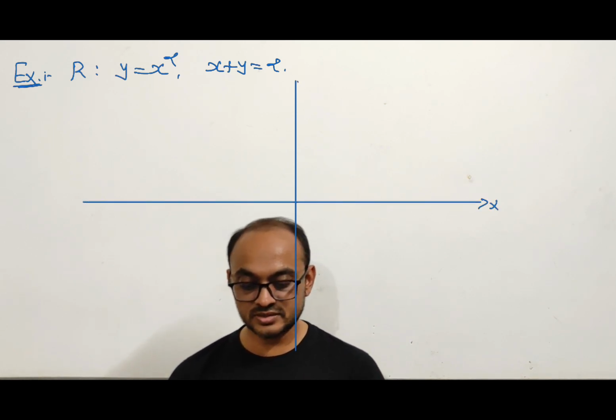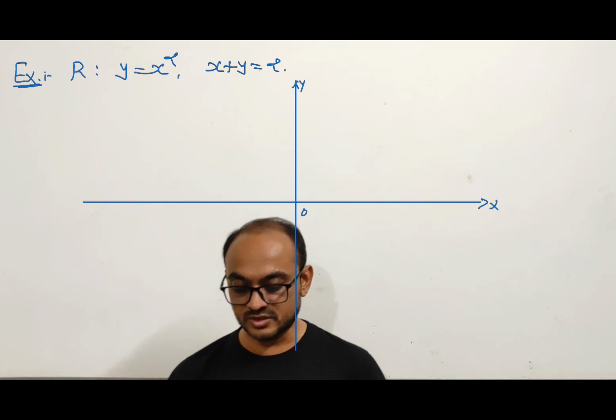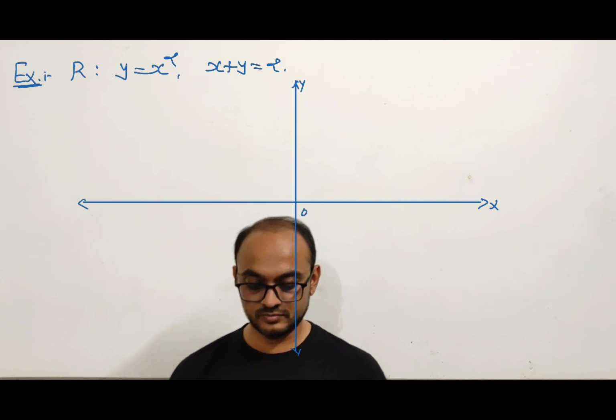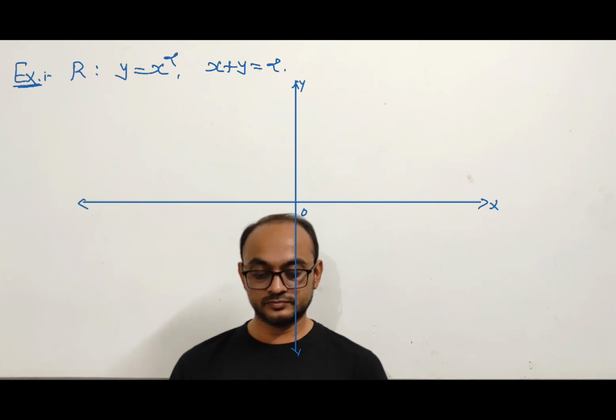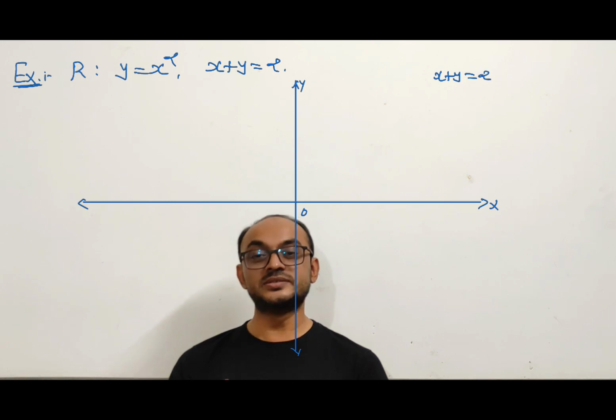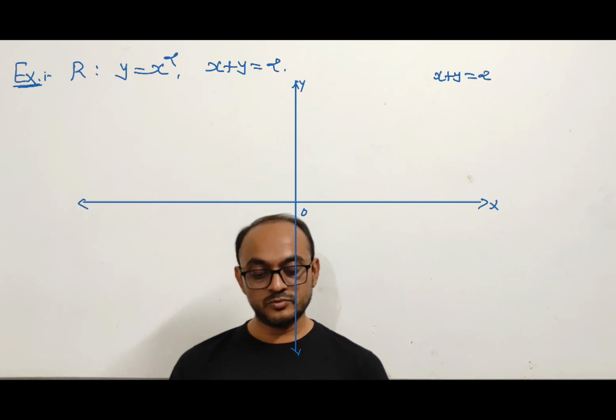This is x, y, 0. x plus y equal to 2 is the line passing through 2 points.